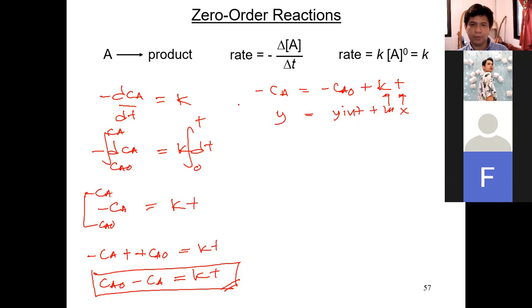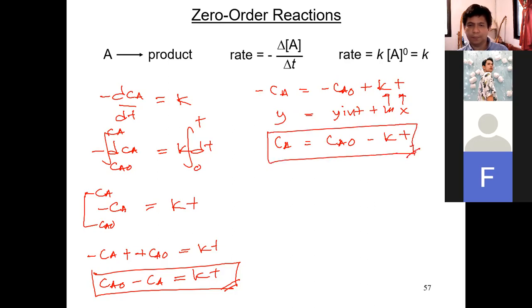Tama? O kaya siguro mas maganda pag minultiply niyo ng negative. So pag minultiply niyo ng negative, magiging CA equals CA0 minus kt. Ito pa pala yung isang pwedeng standard form ng equation. Ganda rin to. Sana hindi kayo nalilito.